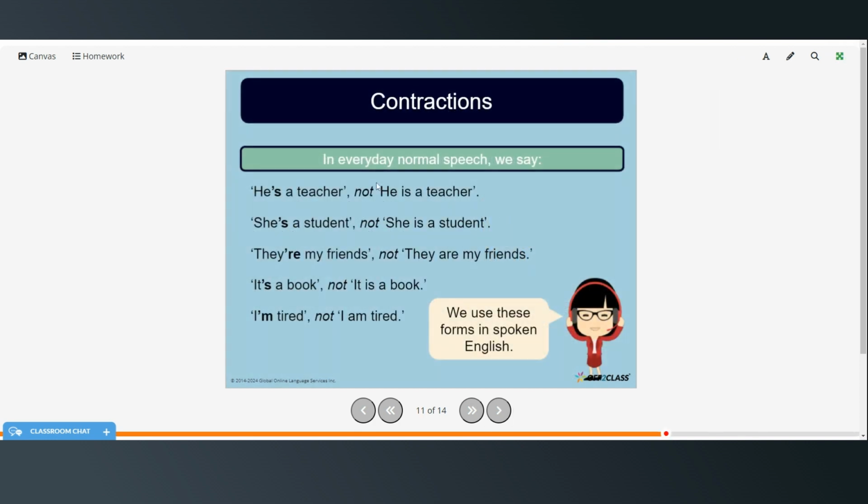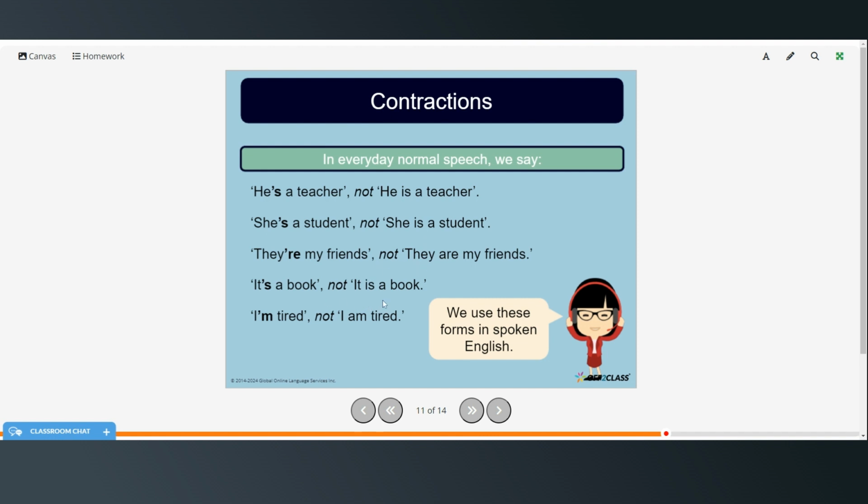All right, so in everyday normal speech, we'll say he's a teacher, not he is a teacher. They're both correct, but in informal speaking, we generally use the contraction, he's a teacher. She's a student, we would probably say instead of she is a student. They're my friends instead of they are my friends.